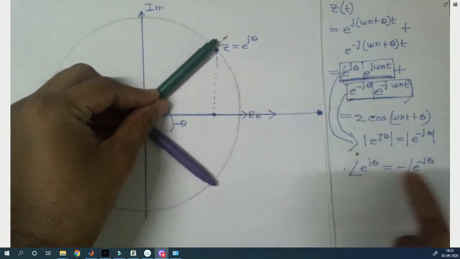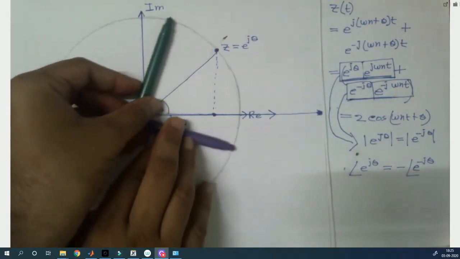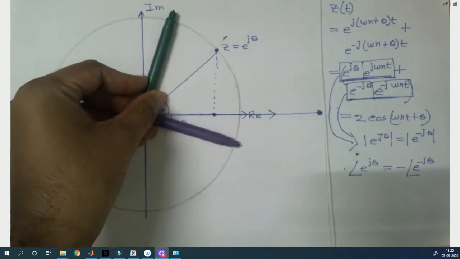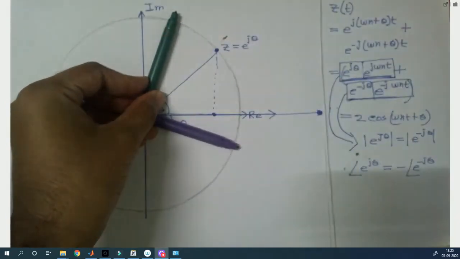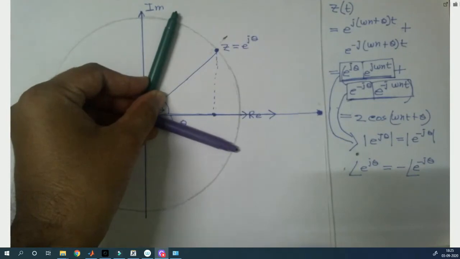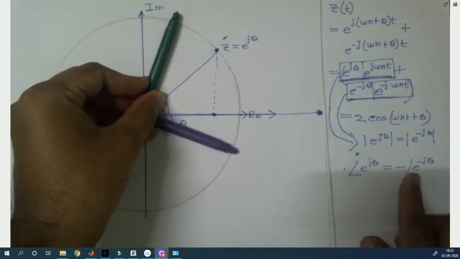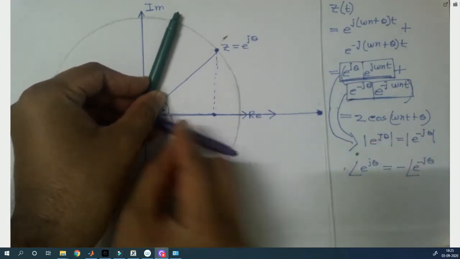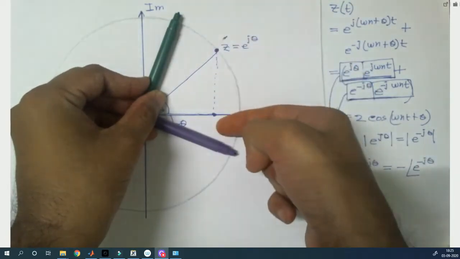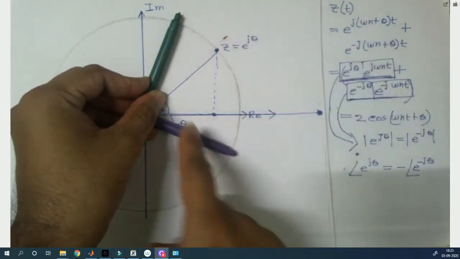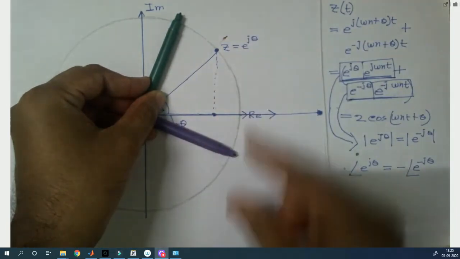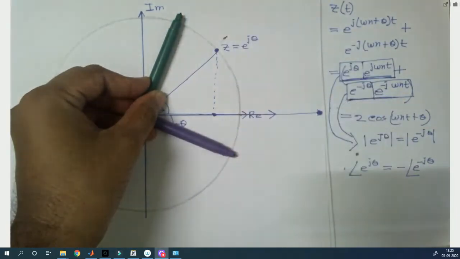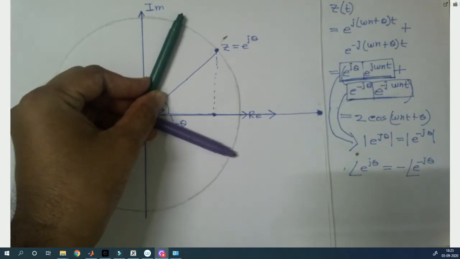If these two angles were not equal and opposite, then maybe they would have started from such an initial position. And if the angles are not equal and opposite, or the moduli are not equal, then when you sum these two vectors, their sum is not going to be purely real. Their imaginary components are not going to cancel completely.